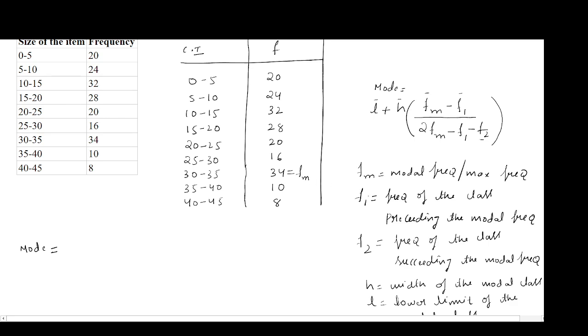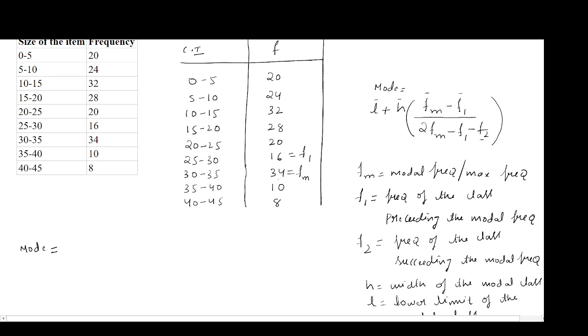Now we have to identify F1 as well as F2. So F1 I have given here as frequency of the class preceding the modal class. Preceding is nothing but the number which comes before the maximum frequency. The number which is before the maximum frequency is 16. That is F1. Preceding is the previous value of the maximum frequency.